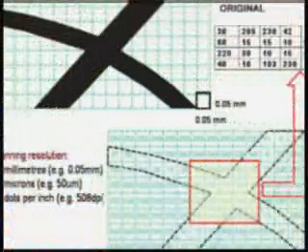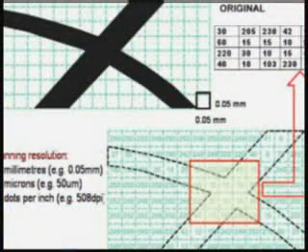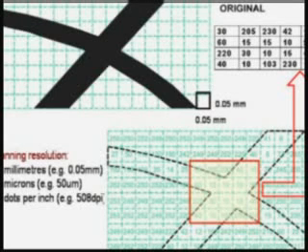When you scan your map, it is important. This is my map, and the map is on a white sheet. You can think of a runway in an airport, which is black colored, your road map, and everything else is white. You can think of any map, but this is a simple example. This map has a certain size. I want to scan this map at a resolution of 0.05 mm.